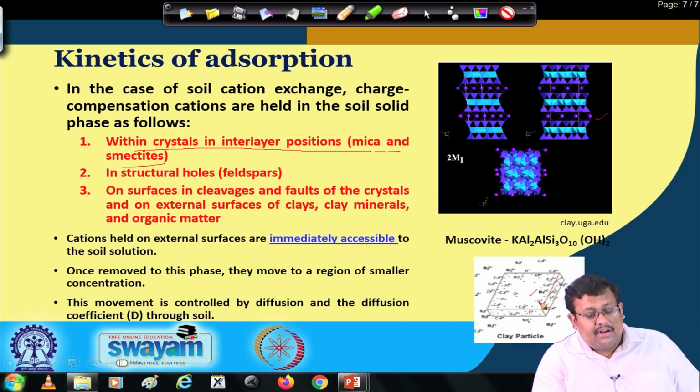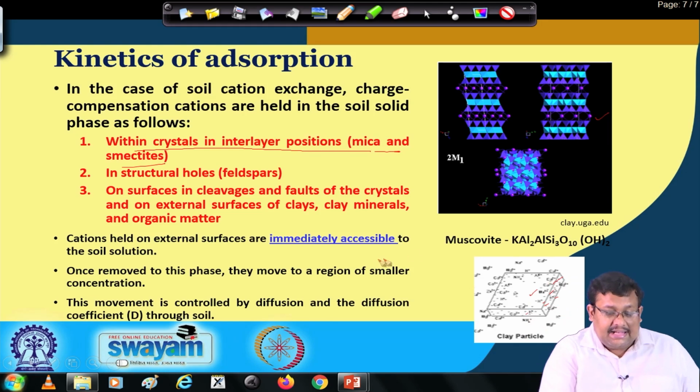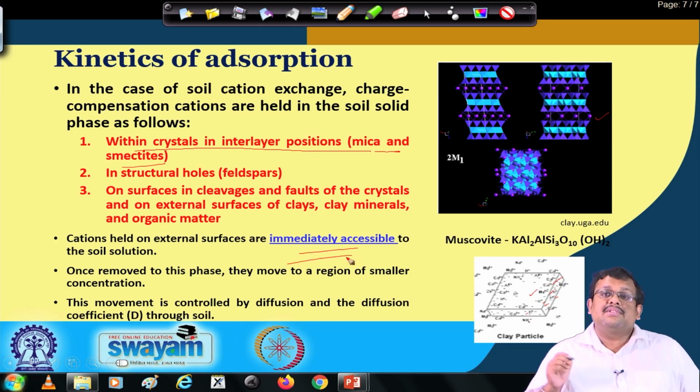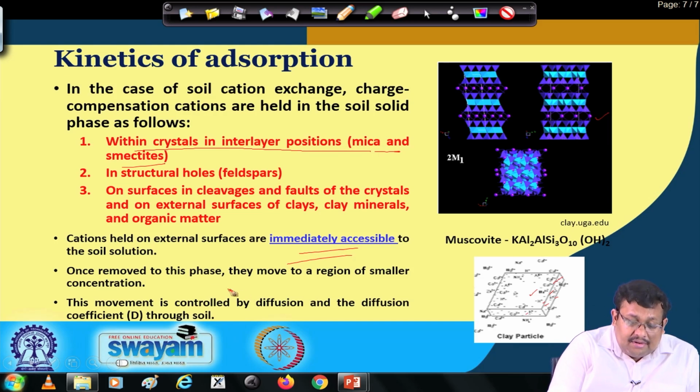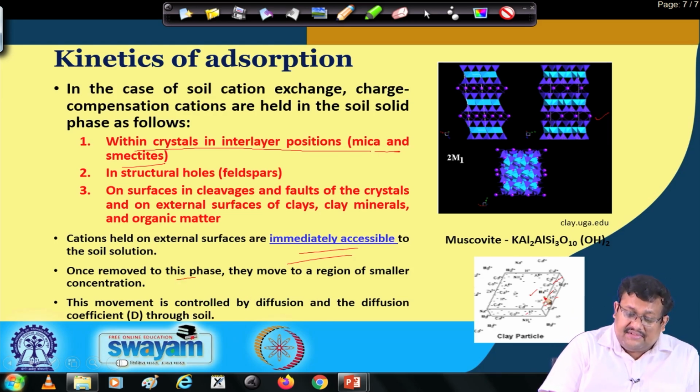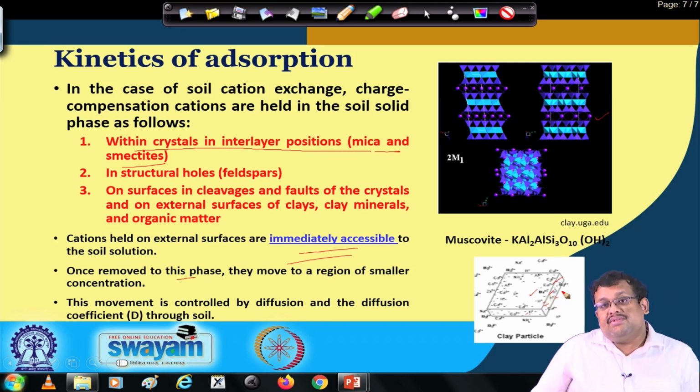Now, cations held on external surfaces are, remember, immediately accessible to the soil solution, as compared to those cations which are adsorbed to the internal surfaces. Cations adsorbed to the external surfaces are more accessible to the soil solution, and once removed from this phase, they move to a region of smaller concentration.